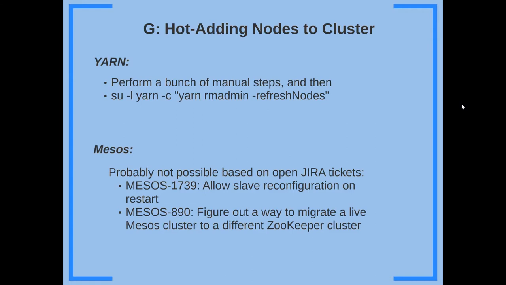In the Yarn documentation, it looks like you could just issue this command here to reread the Yarn configuration. But based on these Mesos Jira tickets, it looks like you have to restart Mesos, especially the slaves, in order to have it recognize any reconfiguration.